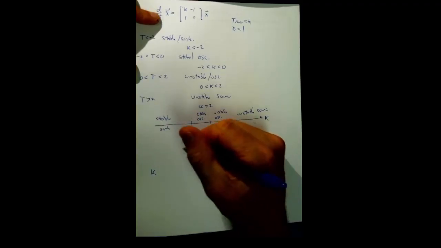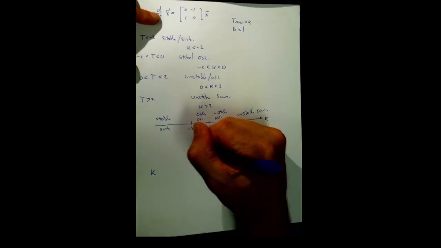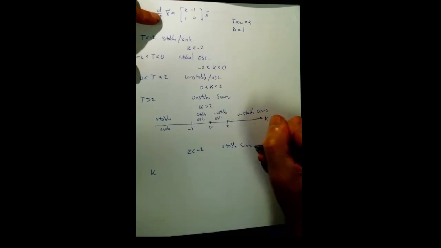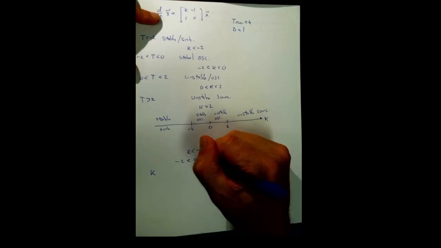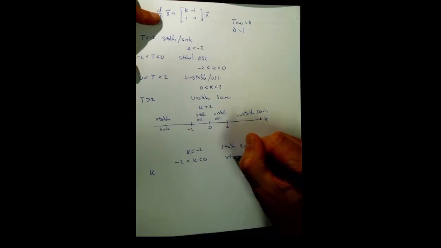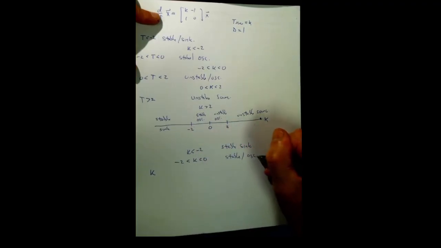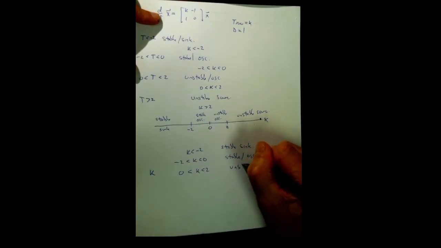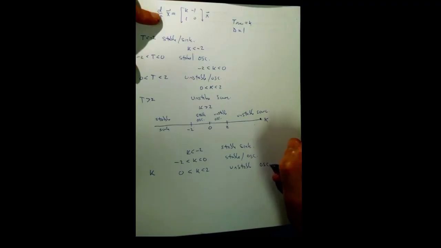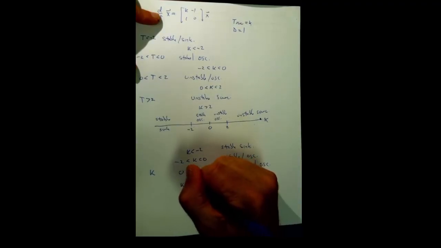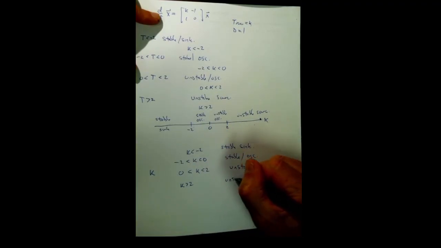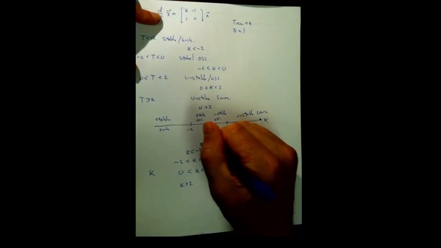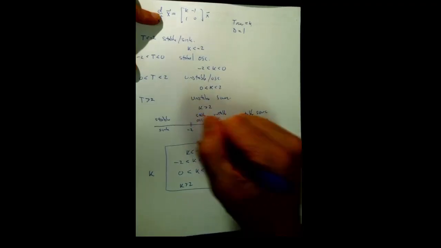So given k, if k is less than minus 2, it's a stable sink. K between minus 2 and 0, it's stable with oscillations. K is between 0 and 2, it's unstable with oscillations. And k greater than 2, it's unstable, and it's a source.